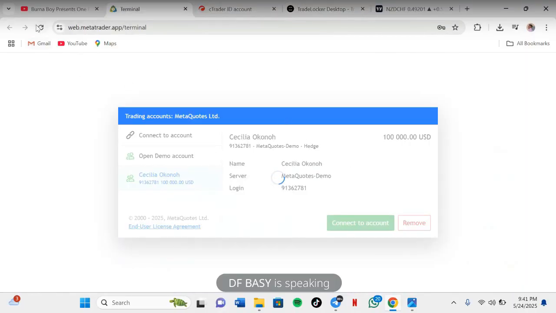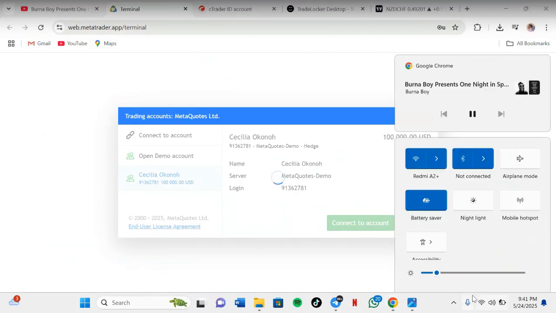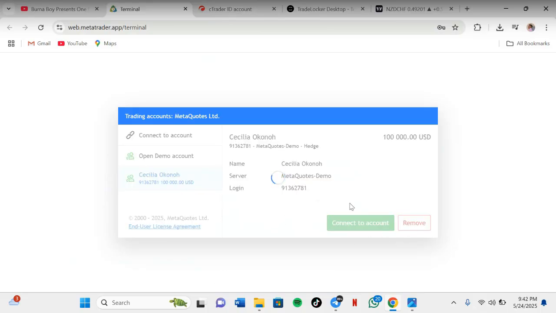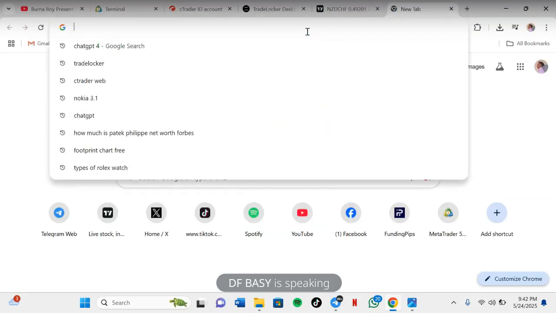I don't know why this is taking time to load like this. Okay, connect now. This one is opening now. What's all this stress? I don't like this.